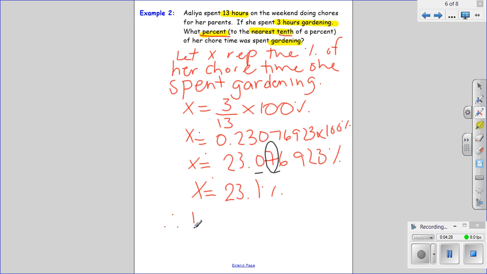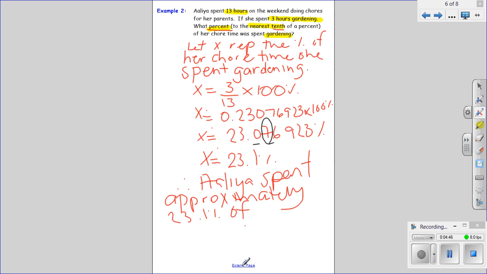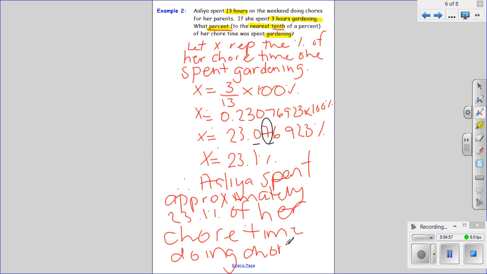So therefore, Aaliyah spent approximately, because it's a rounded number, 23.1% of her chore time doing chores.